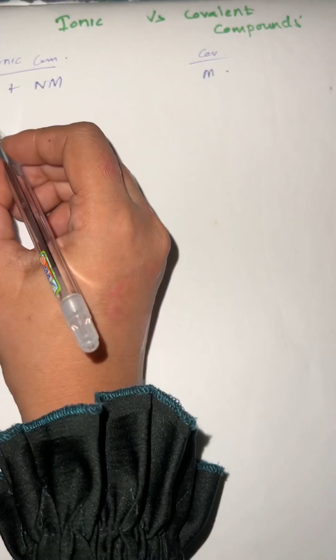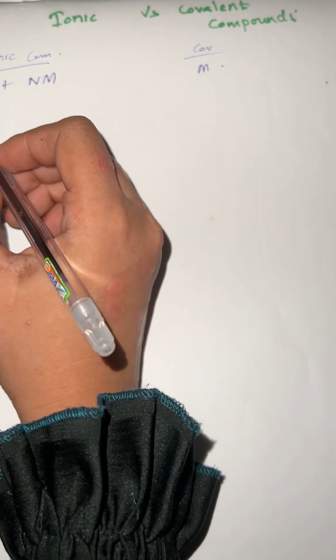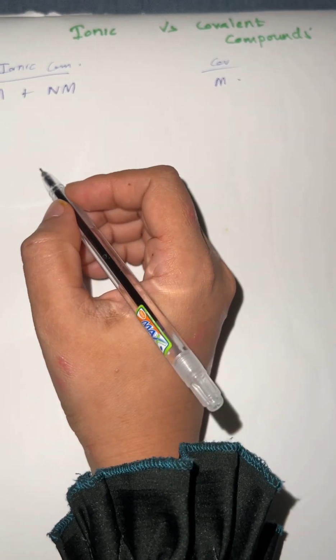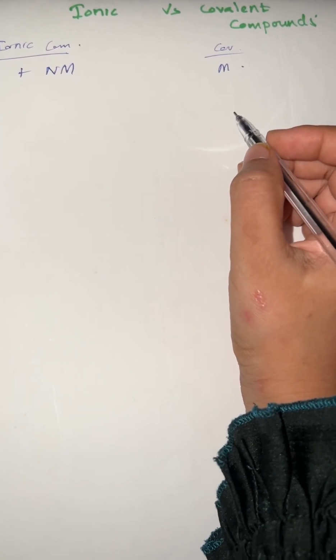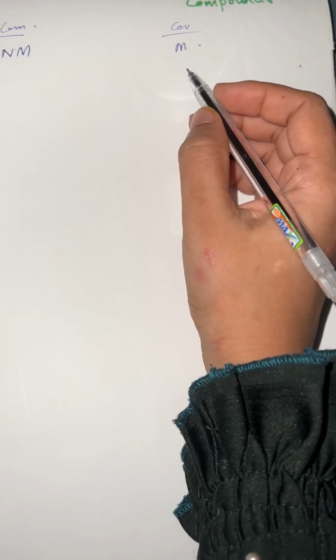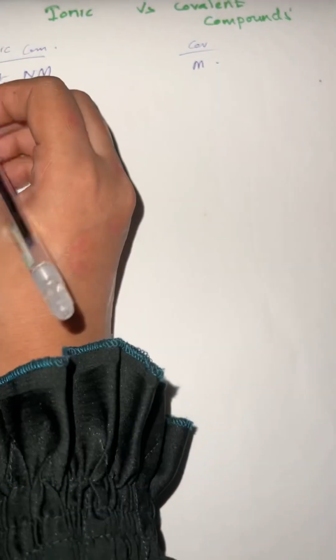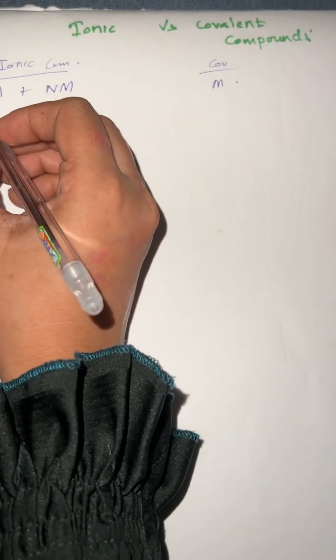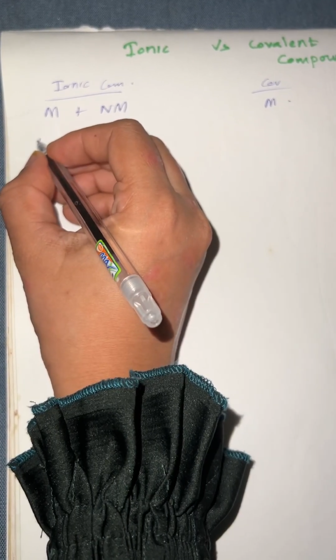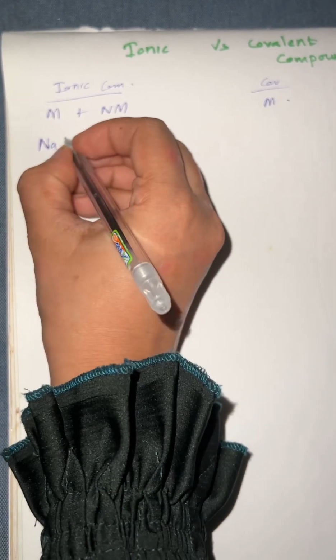So usually ionic compounds are found in the solid state, right? And the covalent compounds are commonly molecules, okay, molecules.